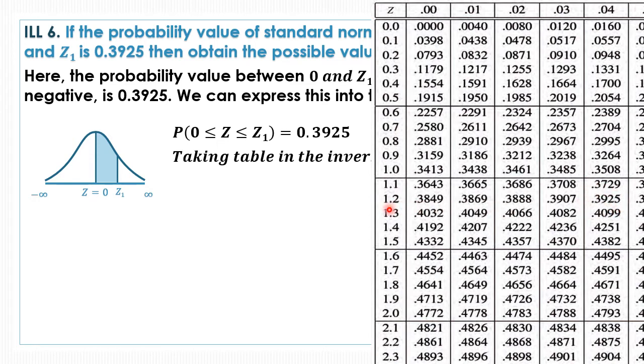The Z value here is 1.24. See, the 3925 lies in the Z value 1.24. So the Z value we can say here is 1.24, and because Z1 is on the positive side, this 1.24 will also be positive. But we also have another option where we assume that this Z1 lies on the negative side of the curve.